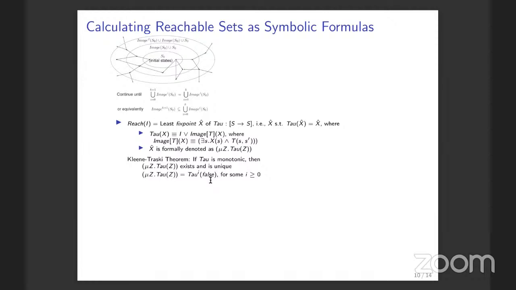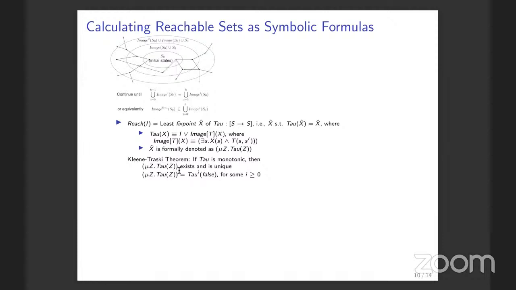You start from false, you apply tau repeatedly to false, and the limit is the union of all these taus, which is what is happening here in the picture, until you can't add things anymore.